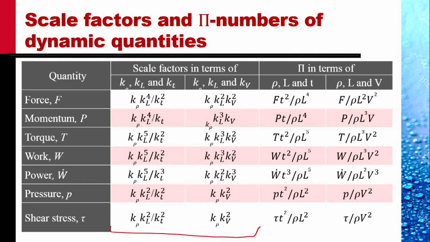Similar to what was done for the kinematic quantities earlier. And the resultant pi numbers are given in this part. These are just for illustration purposes. We don't need to remember them. We'll obtain them as we do the problems because it takes almost no time to obtain these pi numbers.